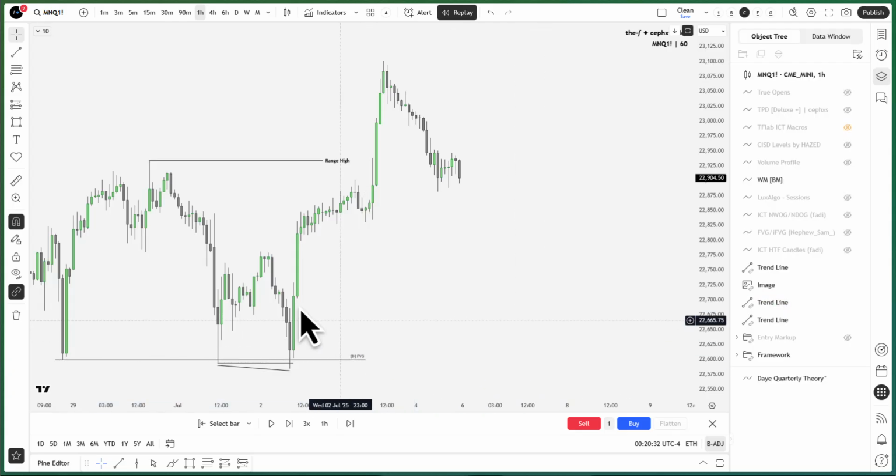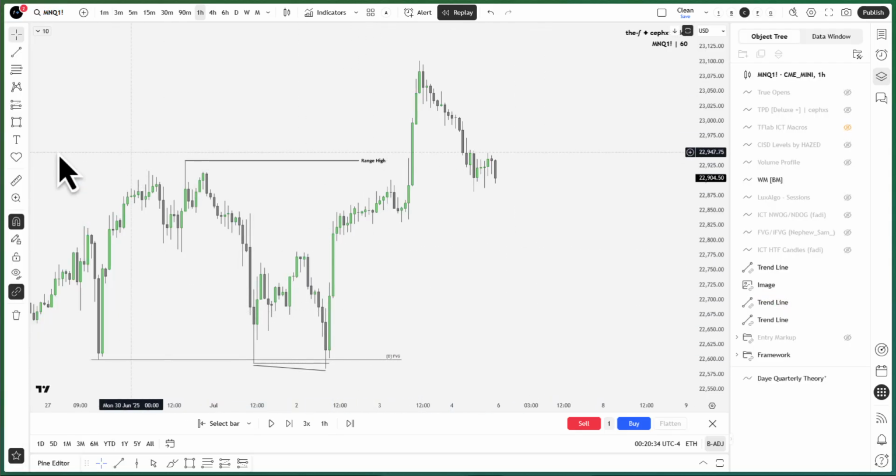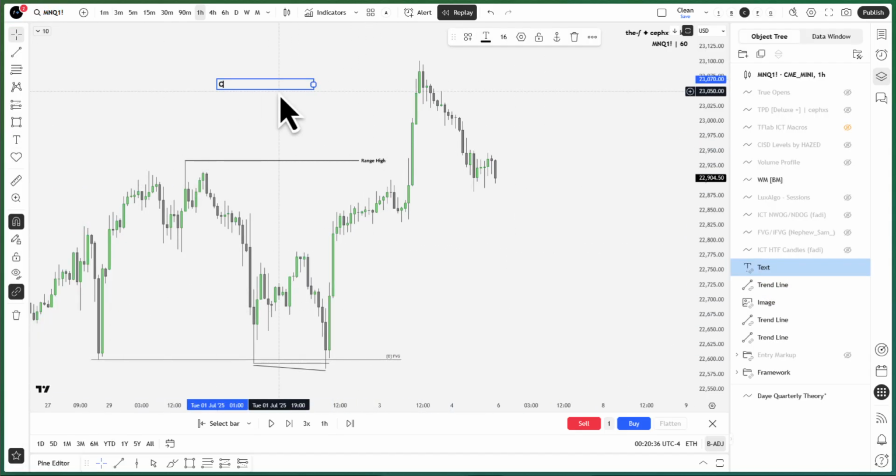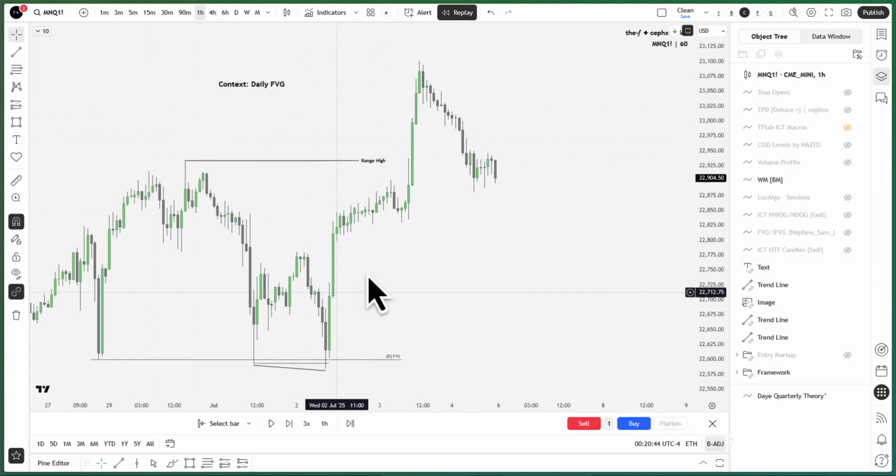So context, daily fair value gap, let me keep tabs on it right here. And then for the framework, what I do is identify the range because we're always either trading inside of a range or creating a new range.